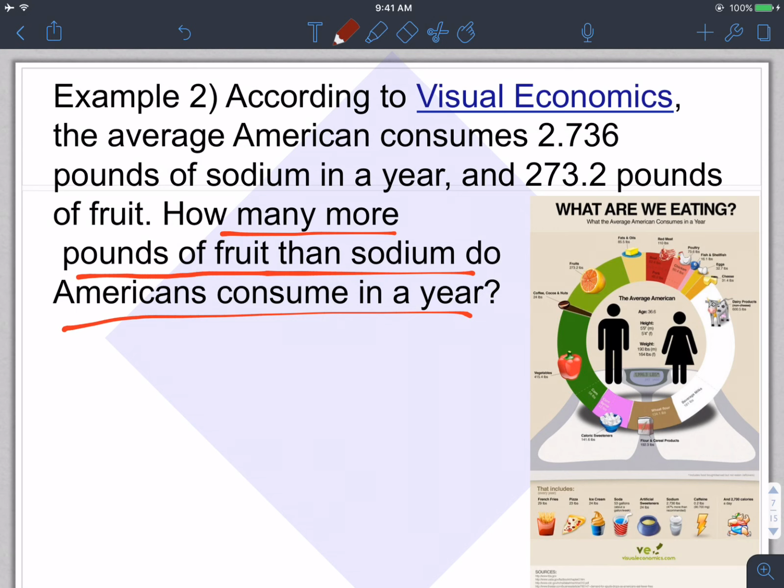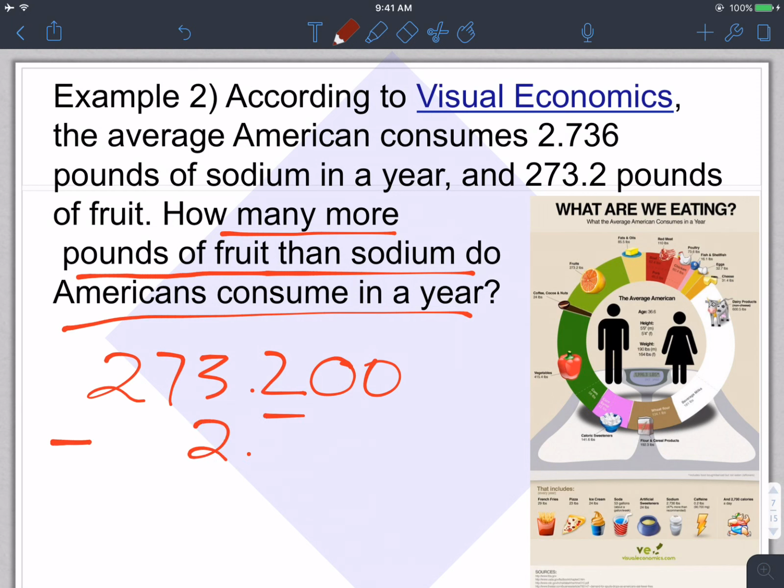What am I going to do? Add, subtract, multiply, divide, square? His question. Yeah, right. So let's subtract. Can you set it up for me? 273.20 Awesome. Good job.